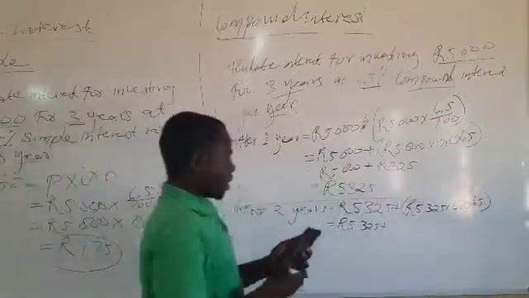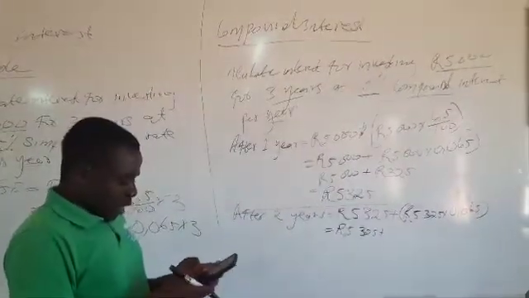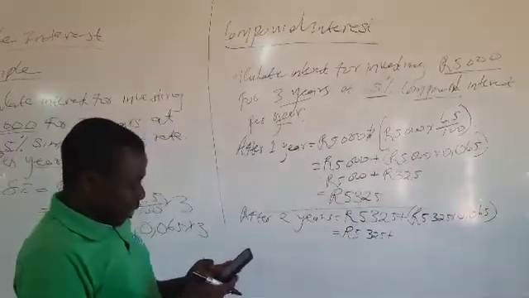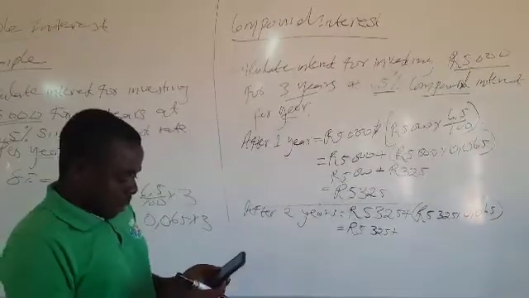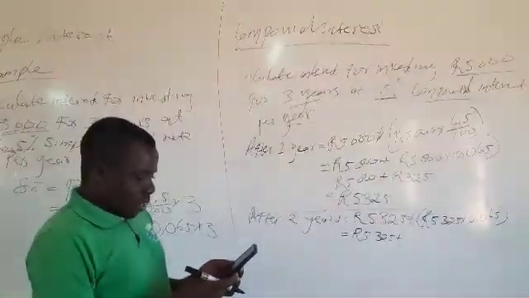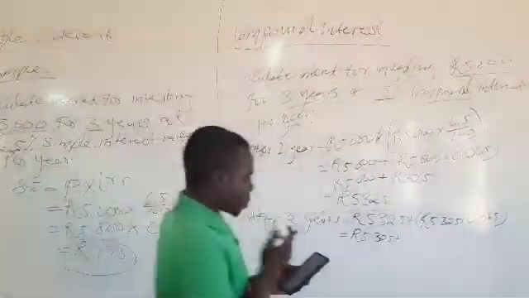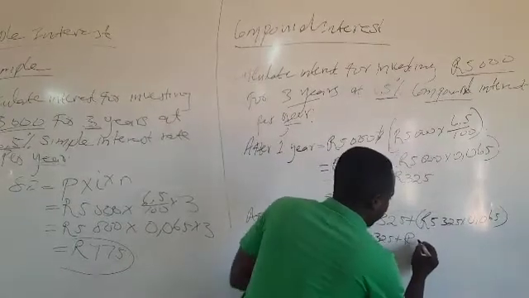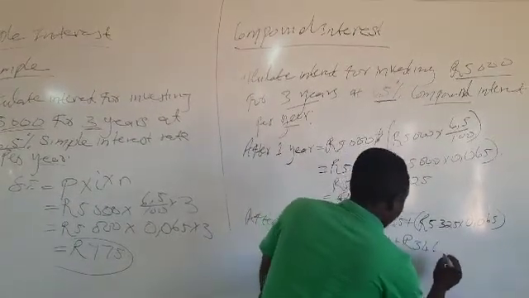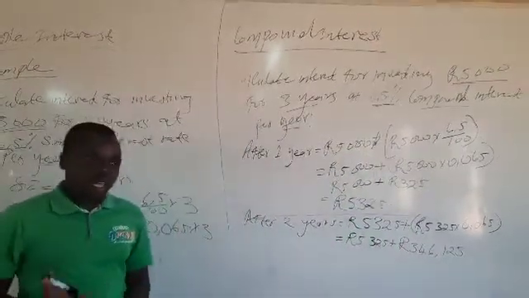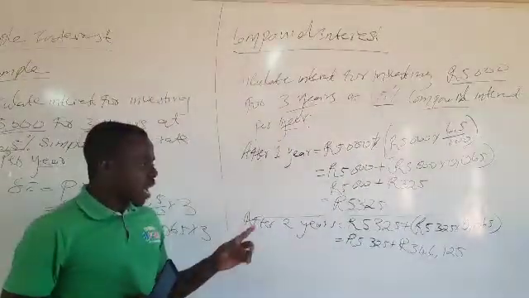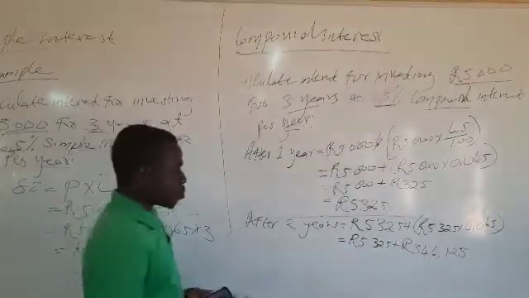Then it's equal to 5,325 plus 5,325 multiplied by 0.065. So it's going to be 346.125. Mind you, if your answer is not the final answer, you don't have to round it to 2 decimals.